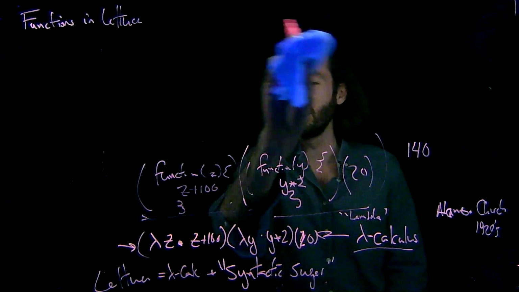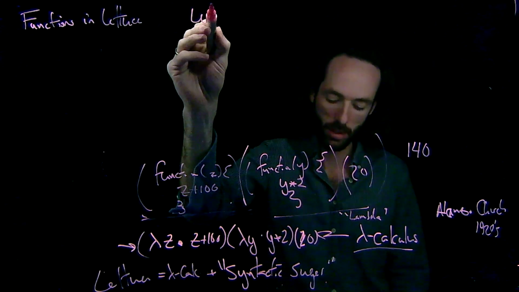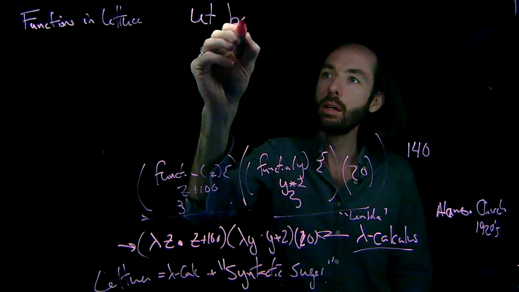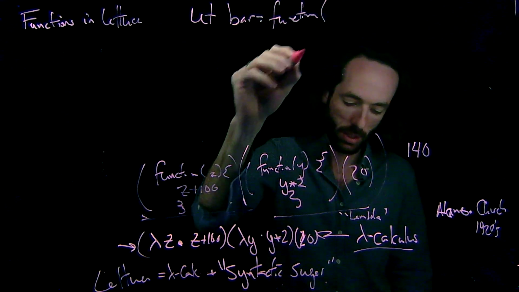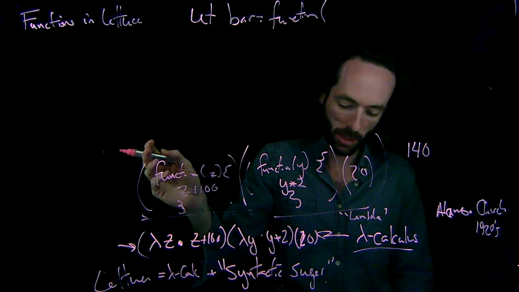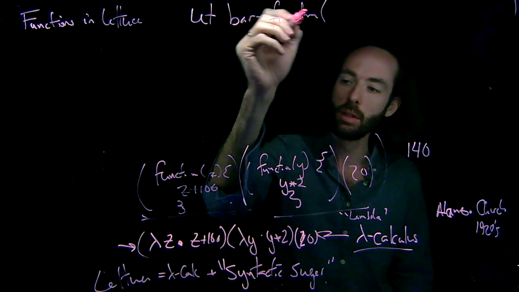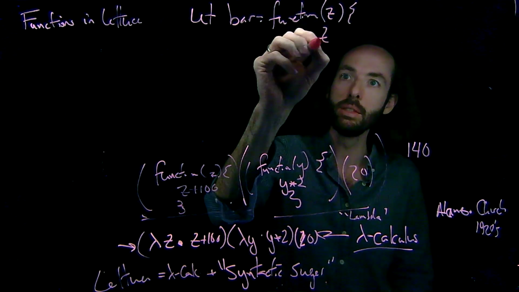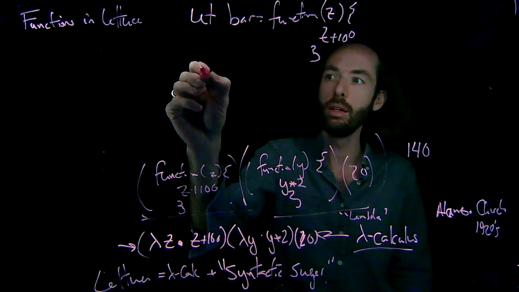So what would this look like? Well, let's have let bar equal a function. And what is this function going to be? We want it to be this outer one here. So we'll do z, that takes z plus 100 in, right?